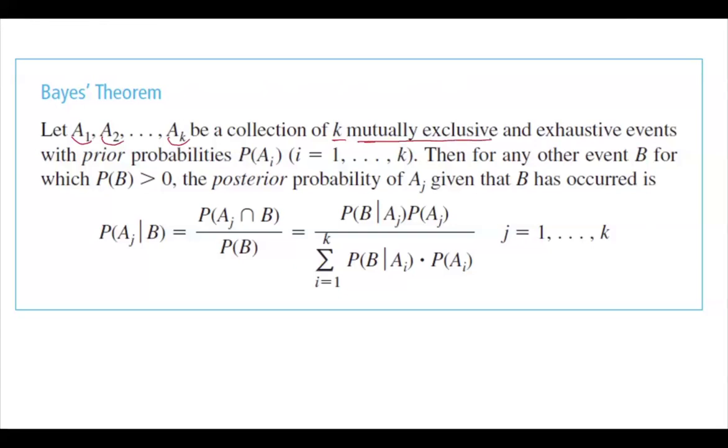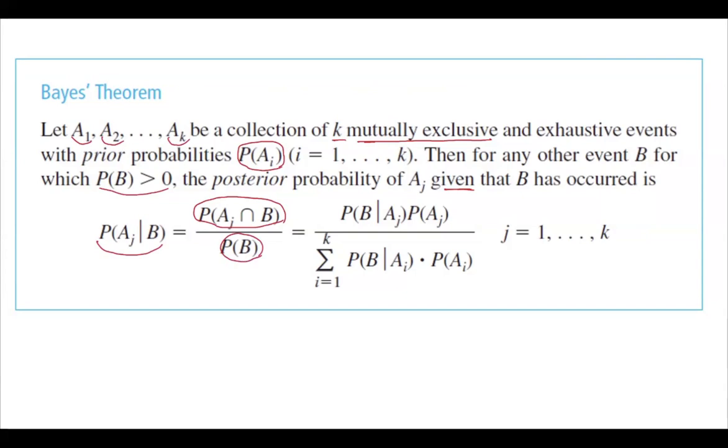Suppose you know the probability of these events as well, P of A sub I. Then for any other event B, given that probability of B is positive, it means that it can be on the denominator, then the probability of A sub J given the condition B is the probability of A sub J intersection B divided by the given condition.